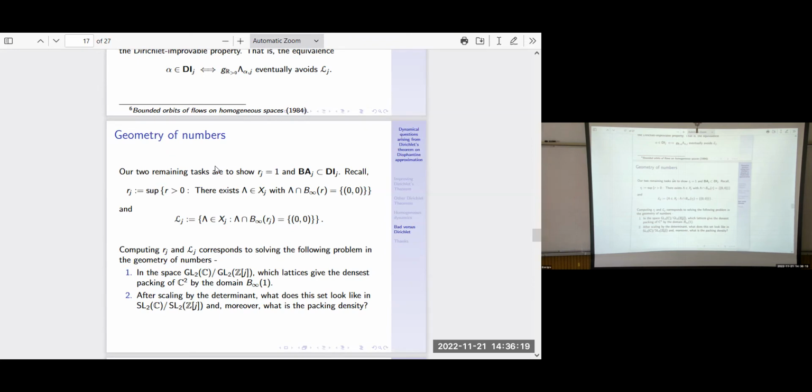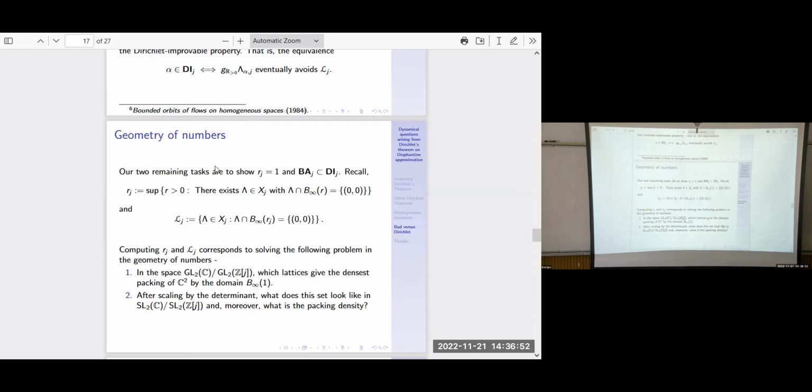critical lattices. Sphere packing, I guess, has been in the news. If you think about it, answering these two questions, what is Rj and what is this set, is exactly answering this question. In the space of all Eisenstein lattices, not just determinant 1, which lattices give the densest packing of C2 by this domain?